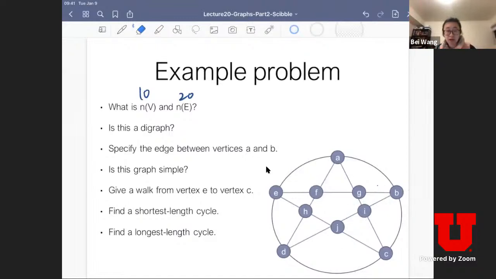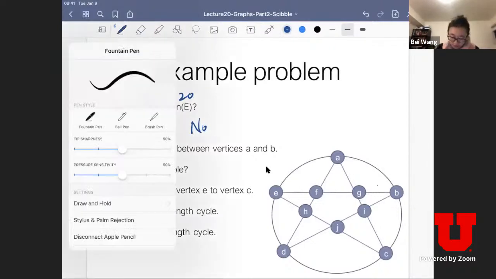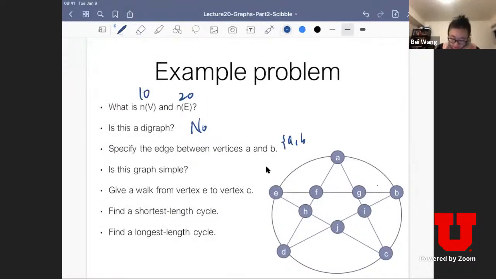Is this a digraph? Meaning, do the edges have directions? The answer is no, because those are undirected edges. Specify the edge between vertex A and B. It's edge AB, which is highlighted right here in yellow.